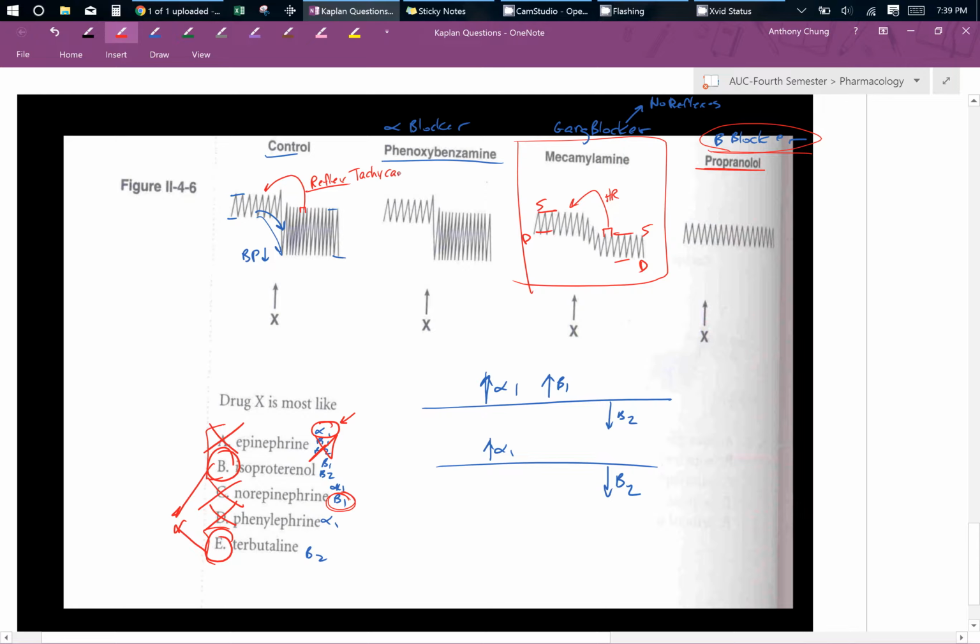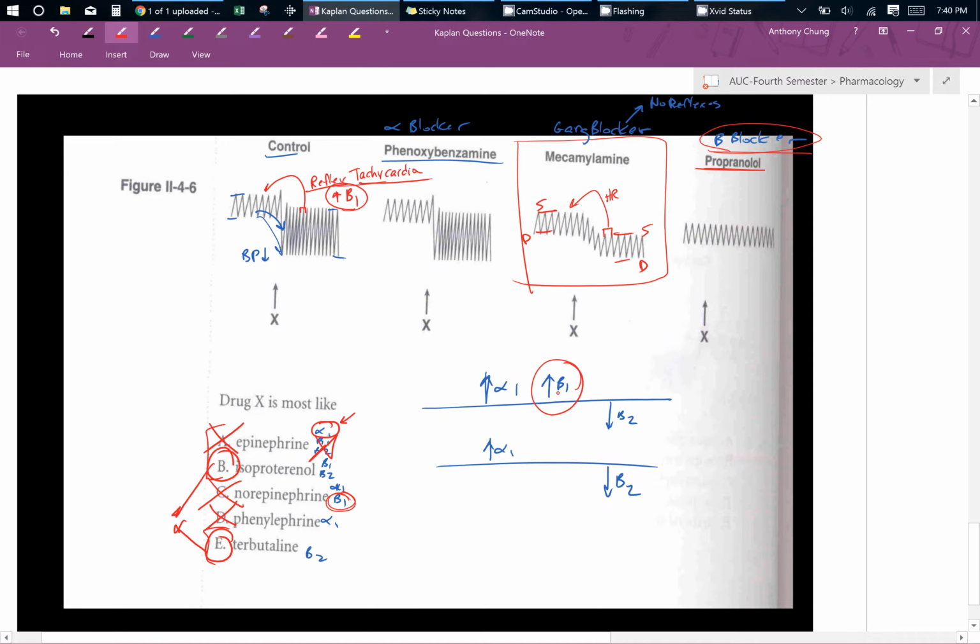And how do you do a reflex tachycardia? What receptors would you have to hit in order to do a reflex tachycardia? What speeds up your heart? Beta 1. You have to increase your beta 1 in order to have a reflex tachycardia. So if you increase your beta 1 as a reflex, what would your systolic be expected to do?